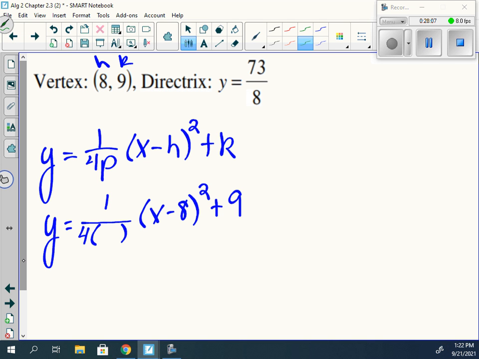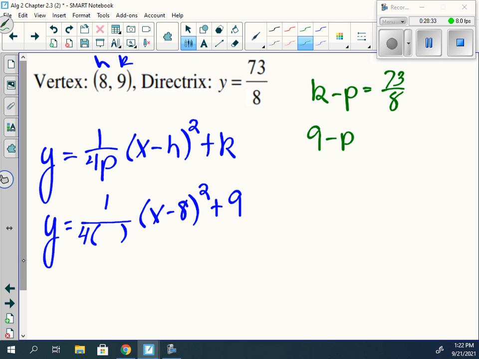Now what do we know about the directrix? Because it's our k minus p. And since the directrix value was 73 over 8, our k minus p is going to equal 73 over 8. What's the value of k?